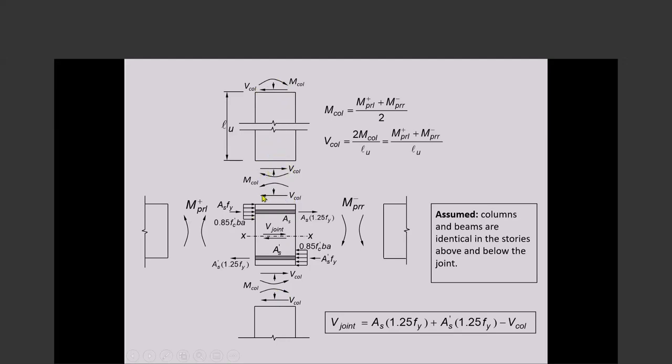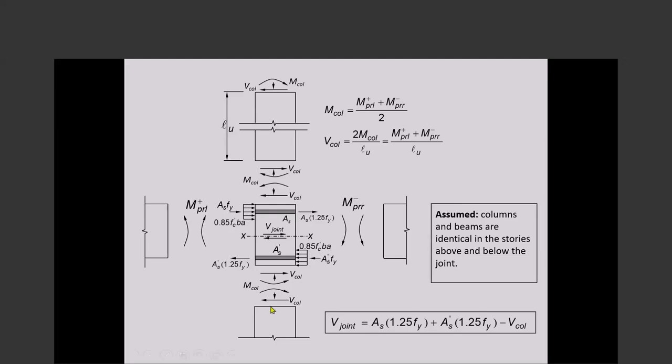Okay? Equal and opposite shear acts on the joint. So the point is that column shear calculation can be, and almost always is, based on the largest bending moment that can be brought onto the column end by the beams framing in.